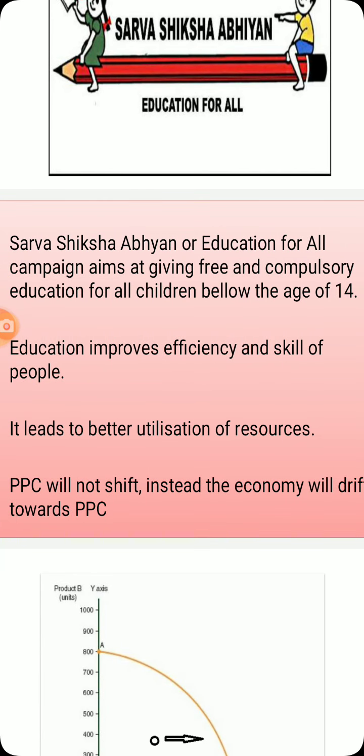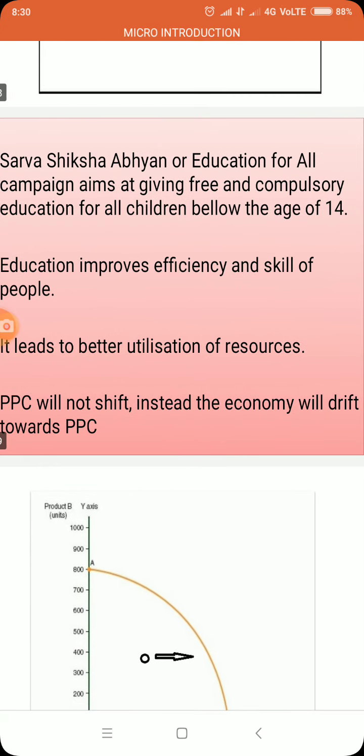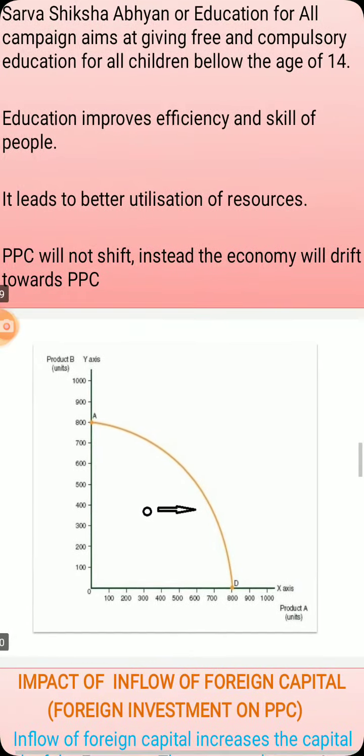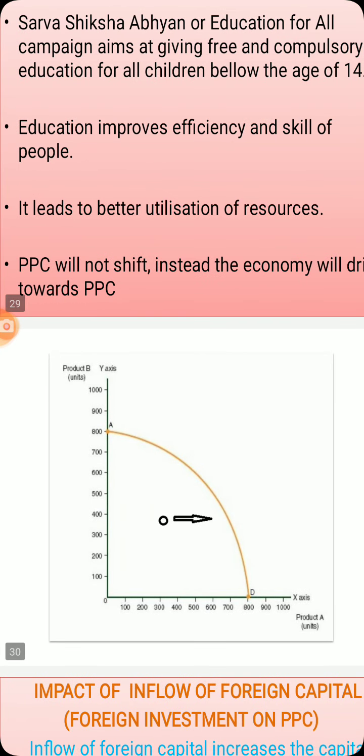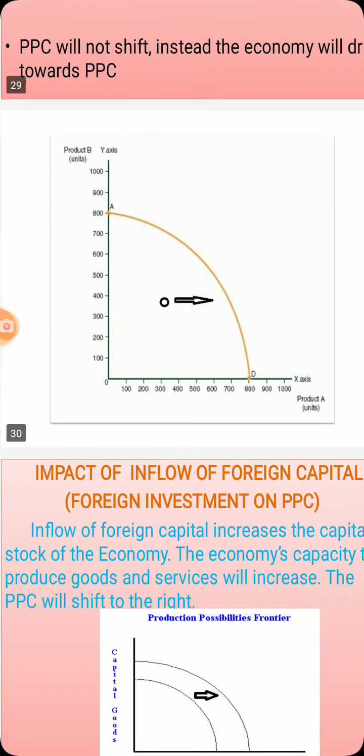So through this Sarv Shiksha Abhiyan, what does it mean? It improves the efficiency and skills of the people. It leads to better utilization of the resources. But in this case, the production possibility curve will not shift. Instead, the economy will drift towards the PPC. That means the economy will try to move towards the production possibility curve, and the curve itself will not shift as we want the improvement.